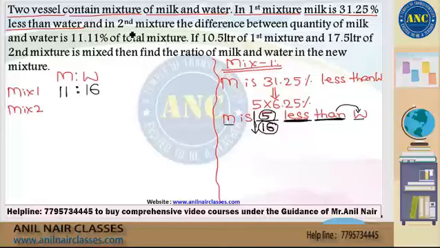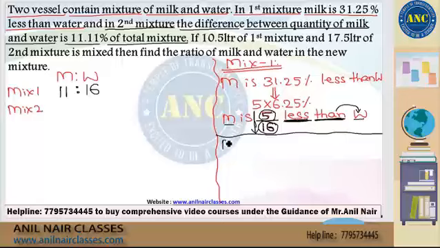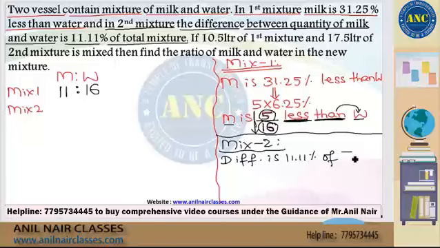See the second statement. In mixture 2, the difference between quantity of milk and water is 11.11% of total mixture. That means in mixture 2, they are saying that the difference is 11.11% of total mixture. 11.11% is nothing but 1 by 9.